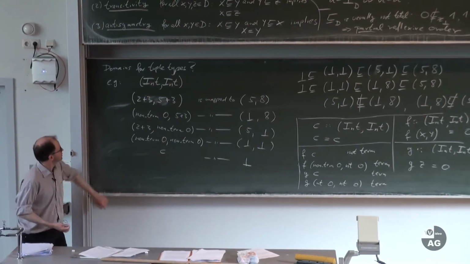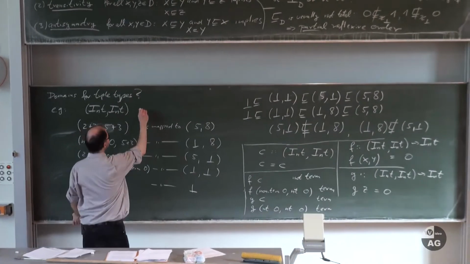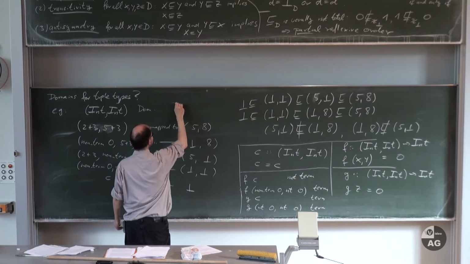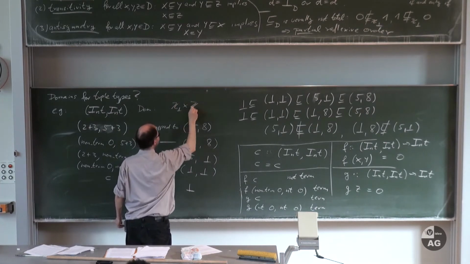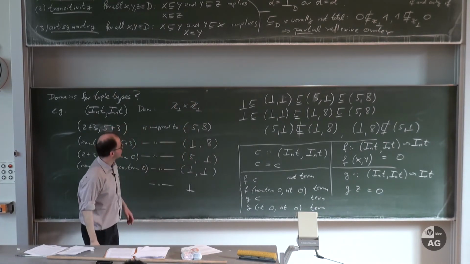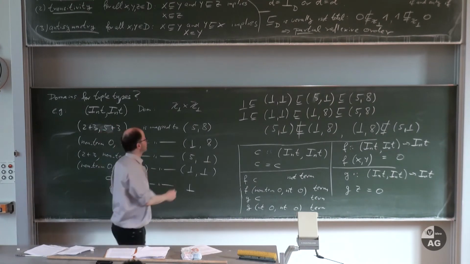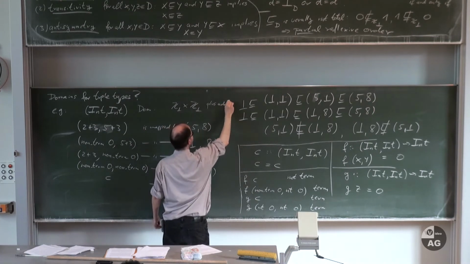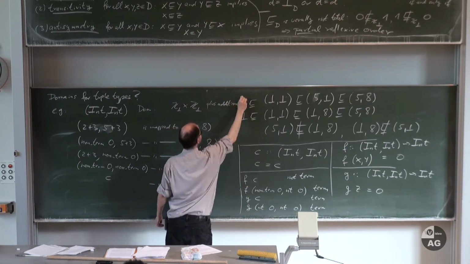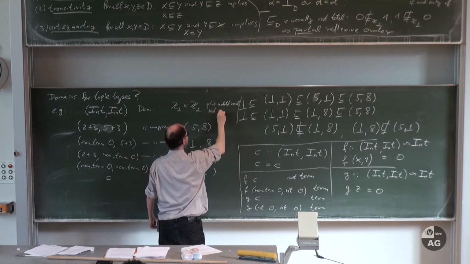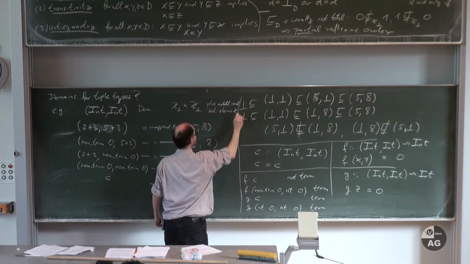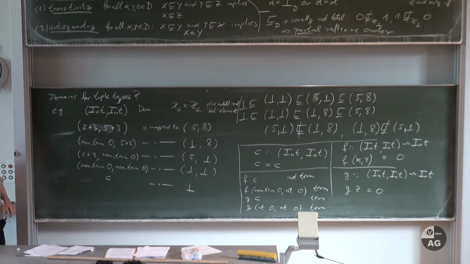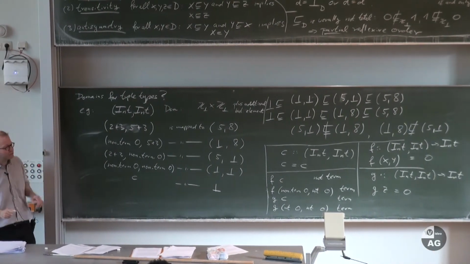So the domain will be Z bottom cross Z bottom plus an additional bottom element. And how to denote this, we will see later on. But indeed, this will be needed. We introduce this formally later on.